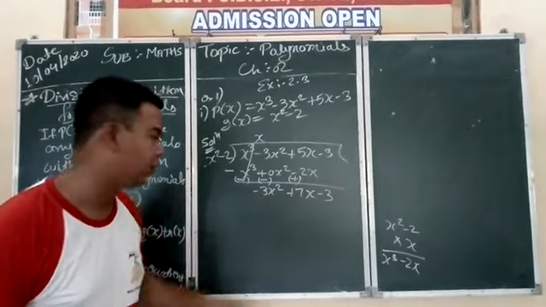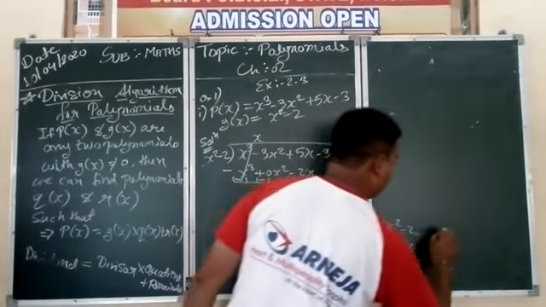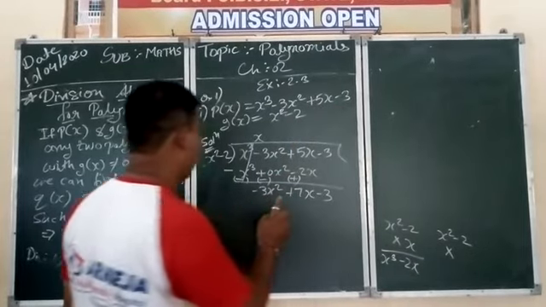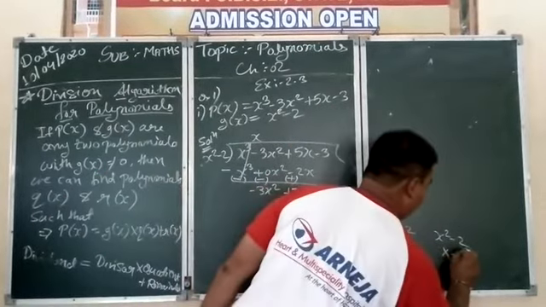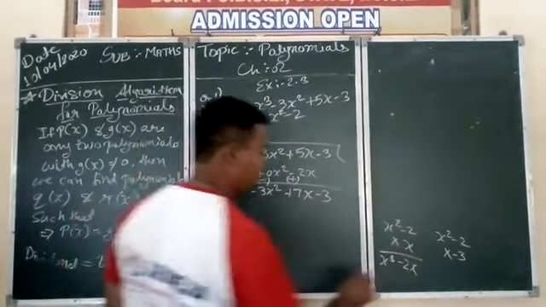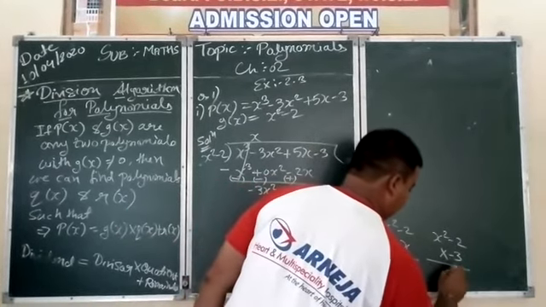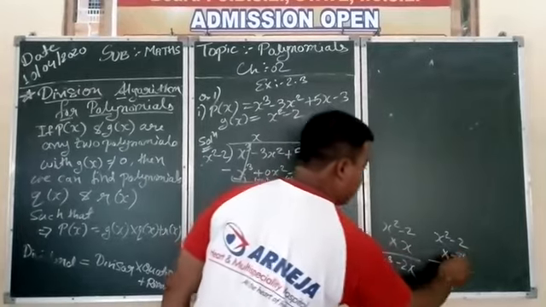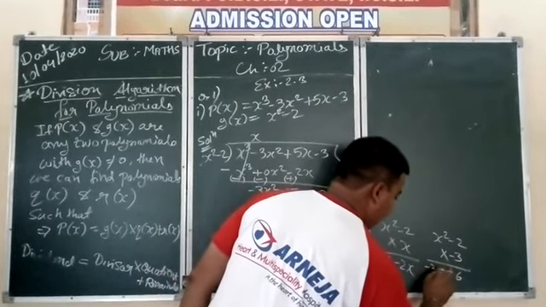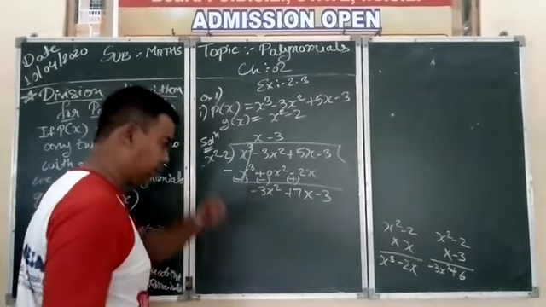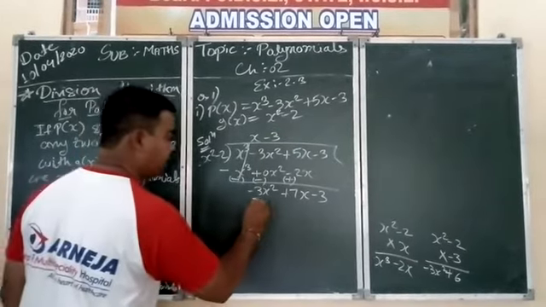So x square minus 2 is multiplied by minus 3, because we want minus 3x square. So minus 3x square plus 6, and here write plus 0x.